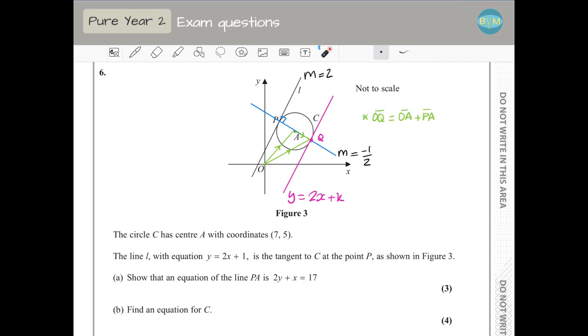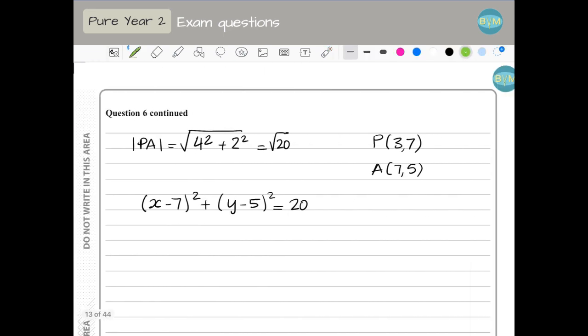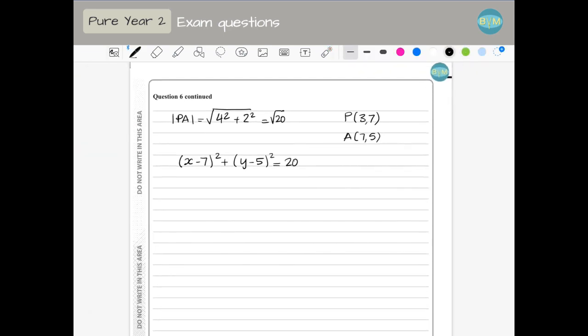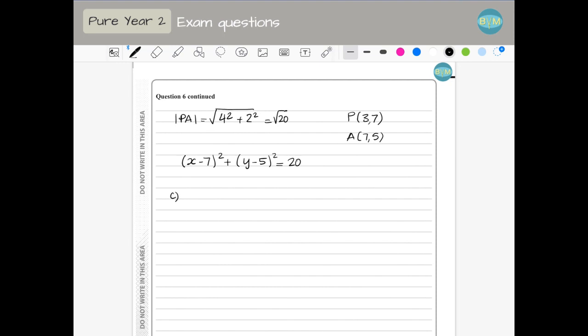So let's make A the midpoint between P and Q, and let's call the coordinates of point Q (a, b). I know that A, which is the center of the circle, is going to be the midpoint between these two. If it's the midpoint, it's going to be the average between them. Remember, for the midpoint I add the x components and divide by 2, and I add the y components and divide by 2.